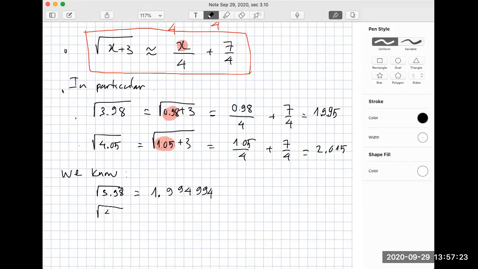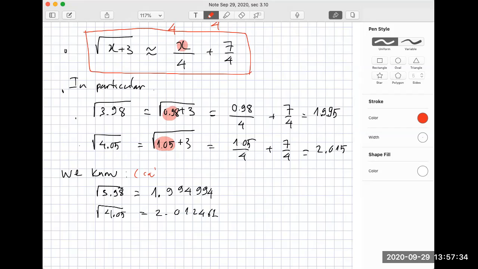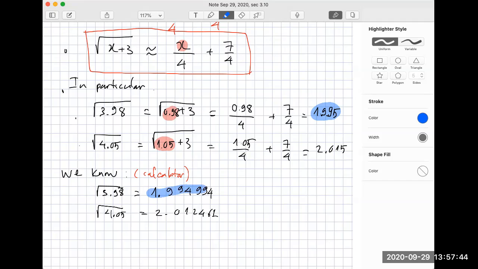And square root of 4.05 is 2.01261. We use a calculator. What do you think about these results? This and this one.